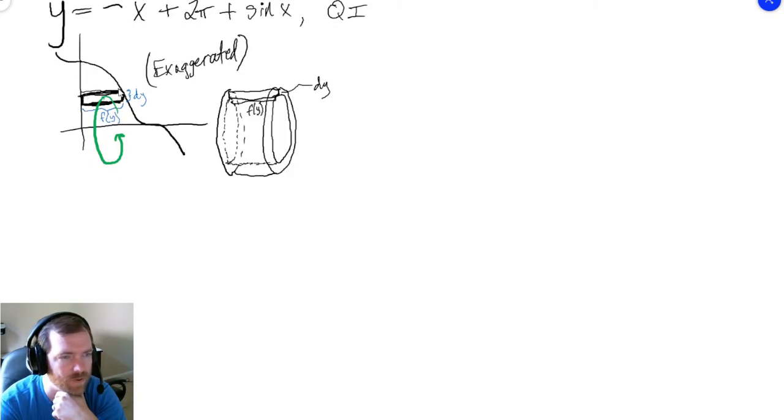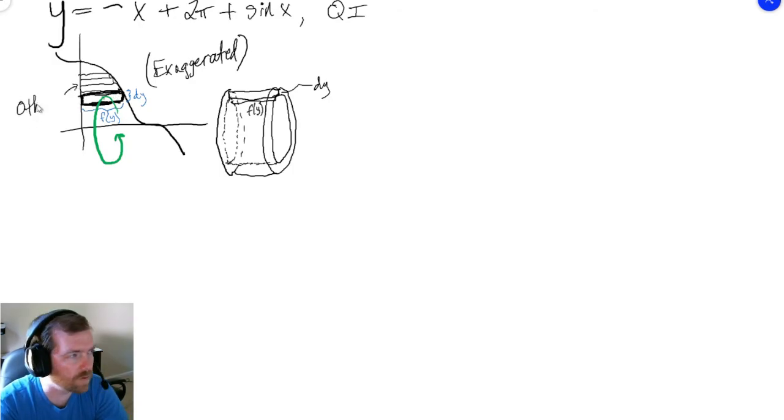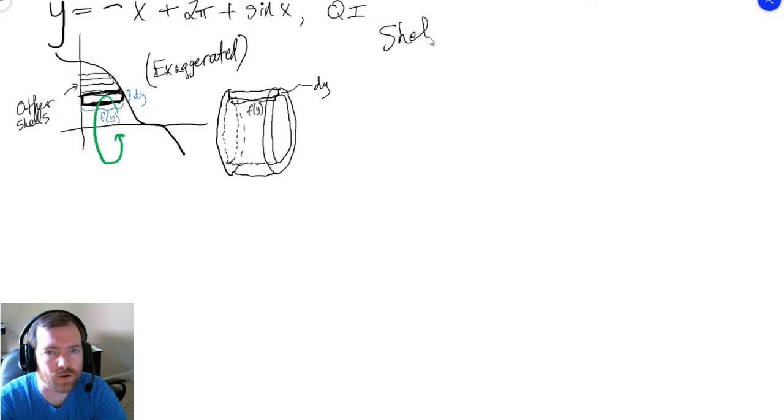So there's going to be one here, one here, one here, etc. And then this makes a stack of shells that go like this, and eventually, again, you get this nice curve to it. So this is usually called the shell method.